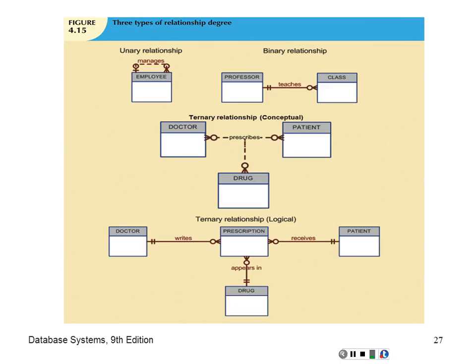You know that the employee table can have a relationship with other tables, such as dependent and so forth. And those are binary relationships. In this example, we're going to have a unary relationship, a recursive relationship.